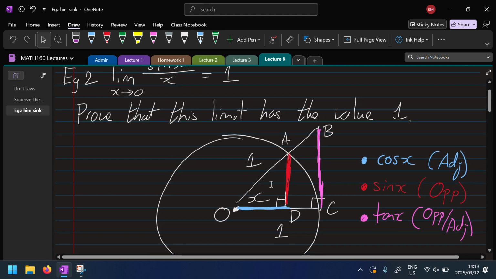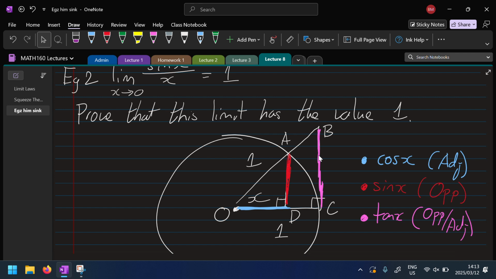Okay. Next one, let's look at the biggest triangle, the OBC. It's half base times height again. What's the base? OC. That's the radius. It's a unit circle. That's 1. Okay. What's the height? We know the hypotenuse is 1.